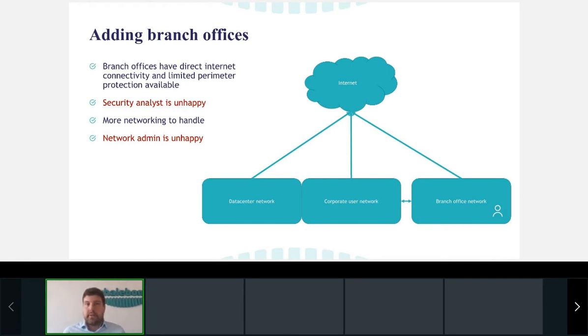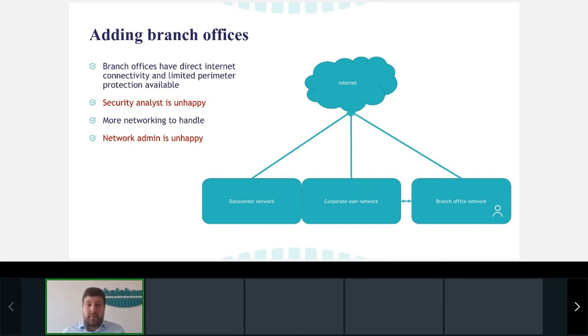Should they have direct connectivity to the internet? Most probably yes, because routing everything from all the branch offices through the headquarters will eventually have an impact on the latency. It will have a serious impact on the bandwidth needed from the headquarters.